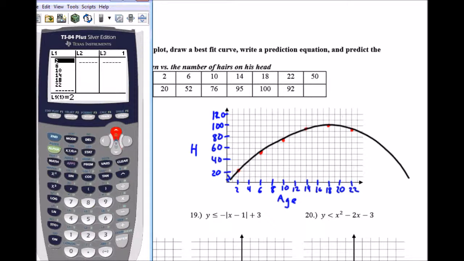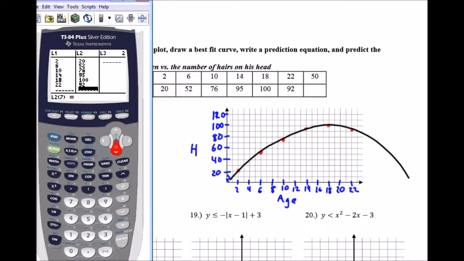Again, I don't punch in the 50 because that's the one I'm going to be predicting. And then I punch in the y values that go with these. Okay, so I've got all my ordered pairs punched into the calculator.